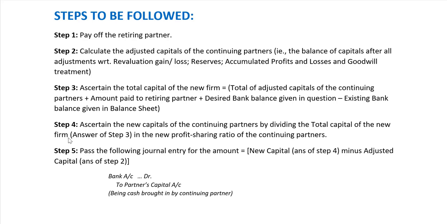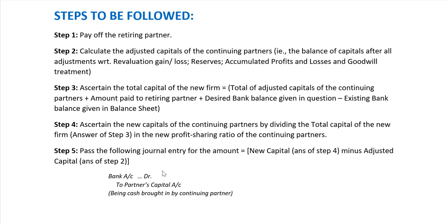The next step 4 is to ascertain the new capitals of the continuing partners. For this, we have to divide the total capital of the new firm, that is the answer of step 3, in the NPSR or new profit sharing ratio of the continuing partners. The final step is to pass the following entry for the amount which is equal to the new capital of the partner, which is the answer of step 4, minus the adjusted capital of the same partner, which is the answer as per step 2.